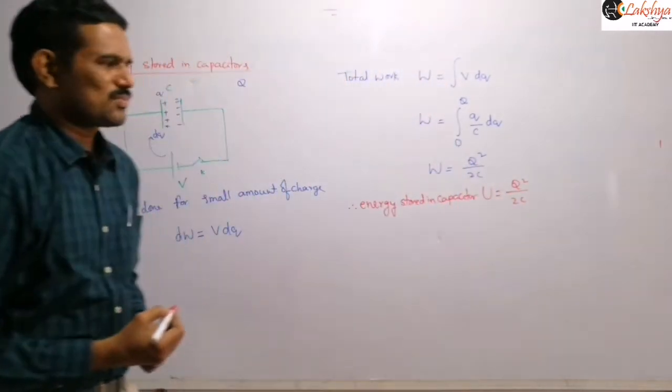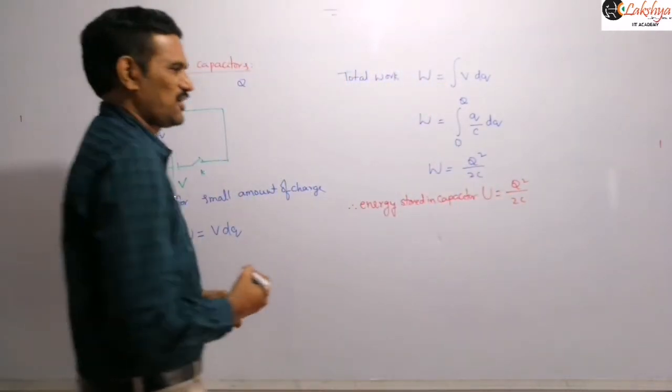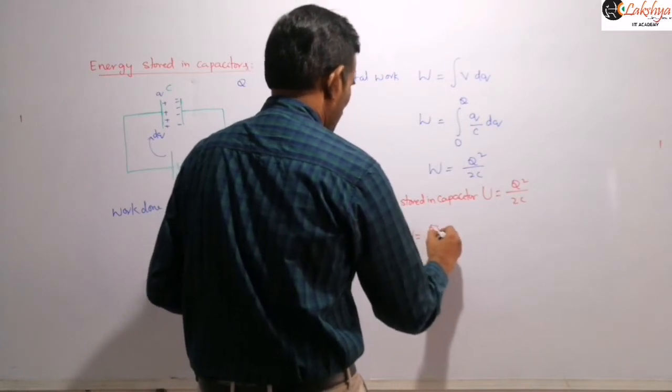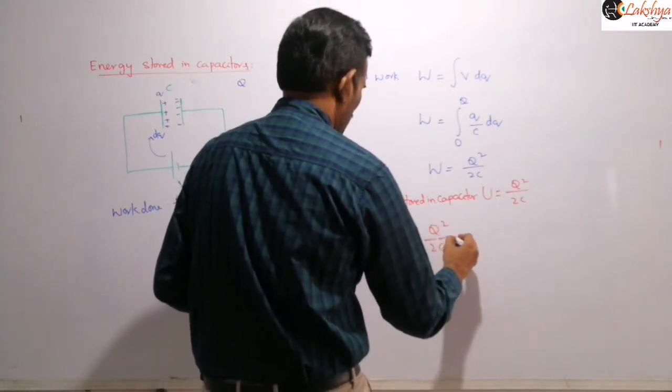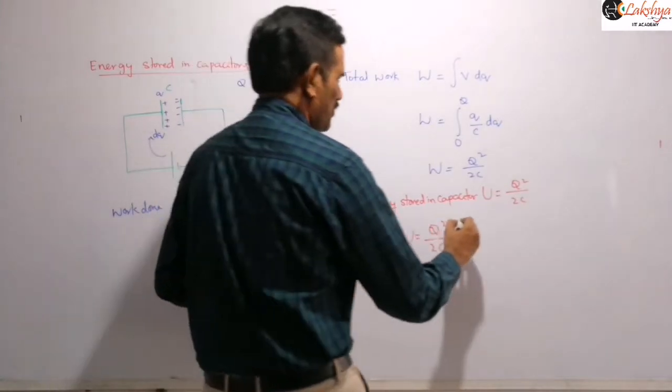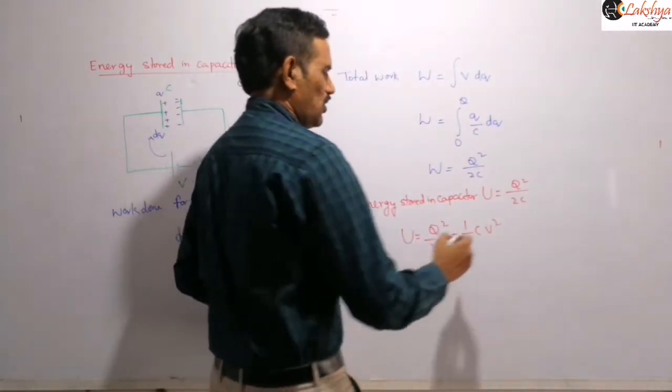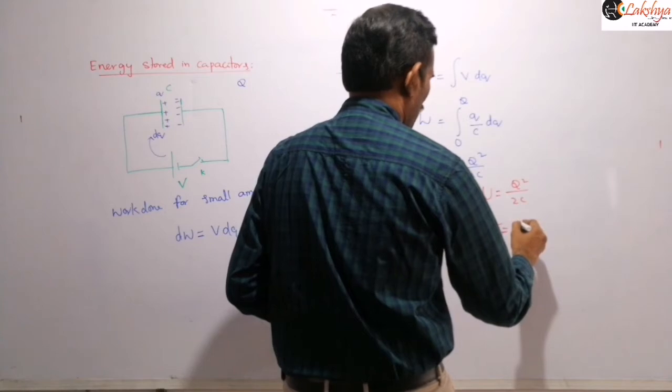Actually, you can express this Q square by 2C in different forms: this U value can be expressed as Q square by 2C, or as half CV square, or as VQ by 2.